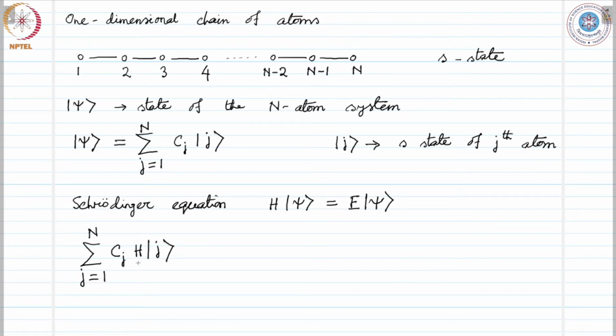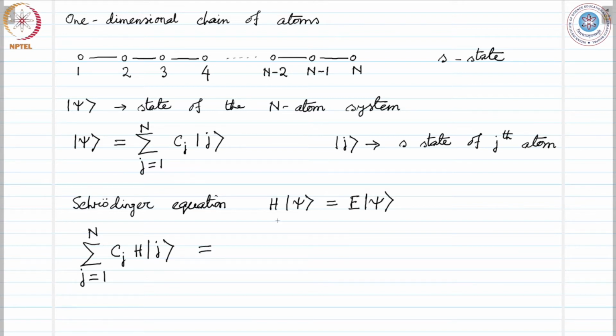This Hamiltonian is the Hamiltonian of this system, the chain of hydrogen atoms, and this ket vector j corresponds to the atomic orbital. So j is not necessarily an eigenstate of the Hamiltonian.